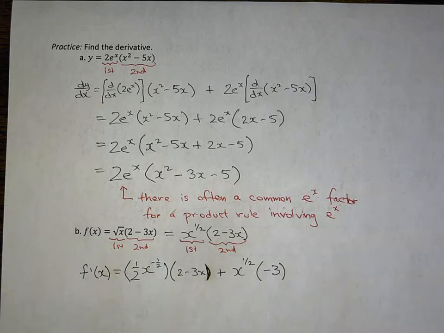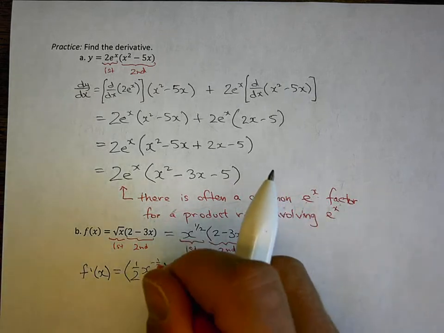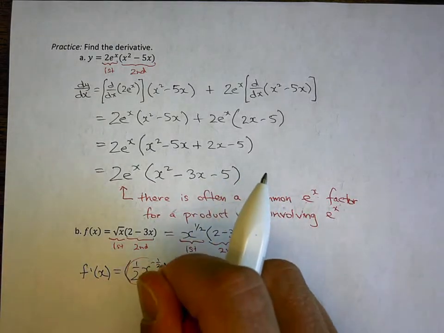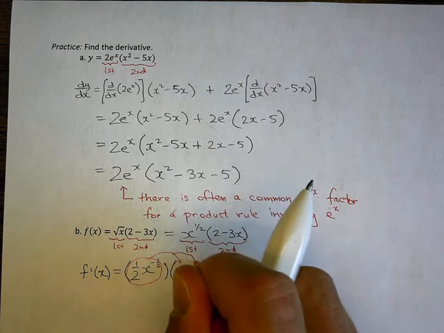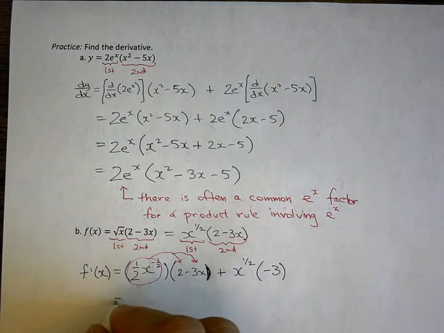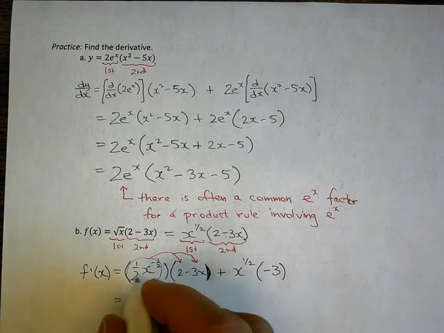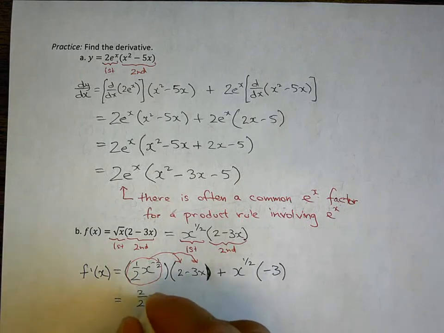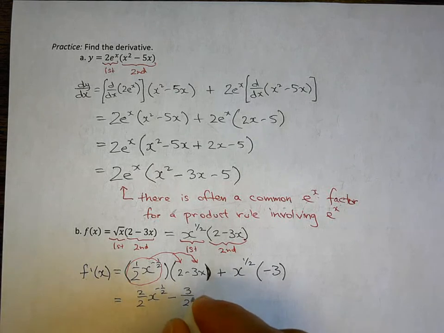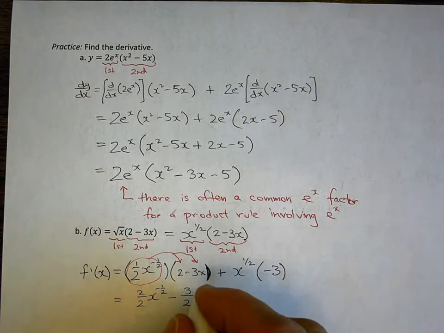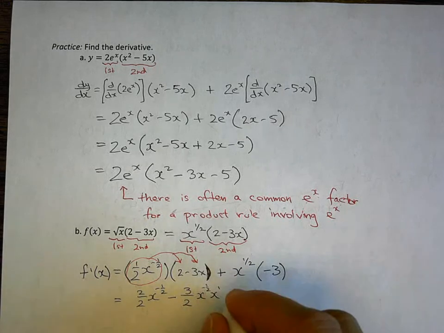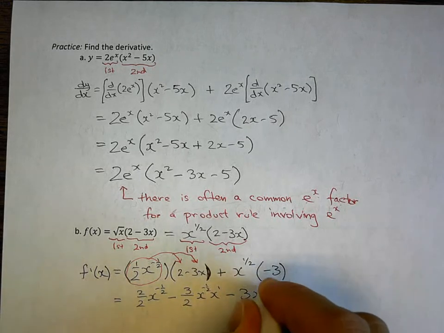Okay, now we need to distribute this whole thing here like this. So I end up with half times, okay, so I get 2 over 2 x to the negative half minus 3 over 2 x to the negative half times x to the 1 minus 3x to the half.